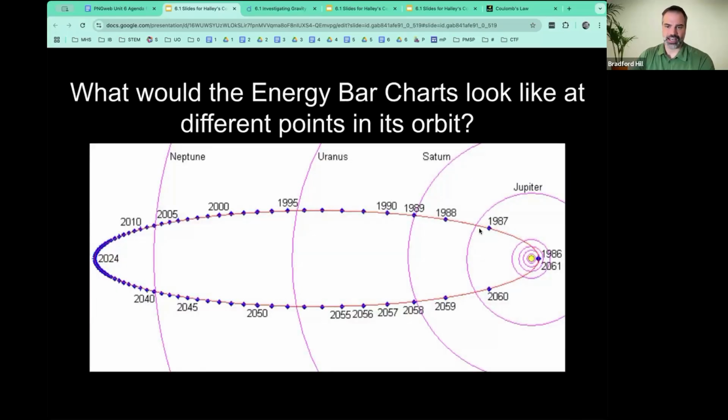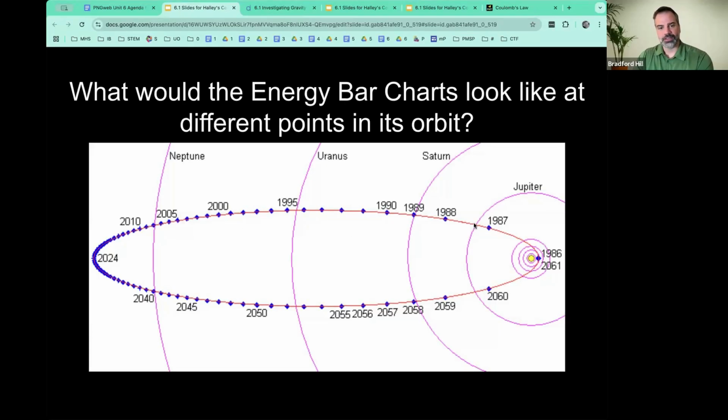And then here's just sort of a timestamp of the different spots. So students always figure out where is it now, 2025. So really far out. And then of course, how old will I be when it returns in 2061?